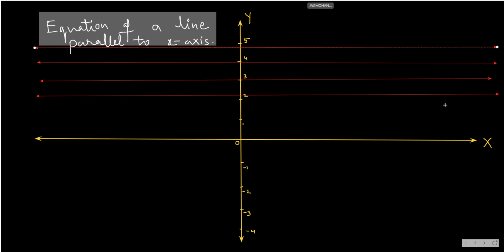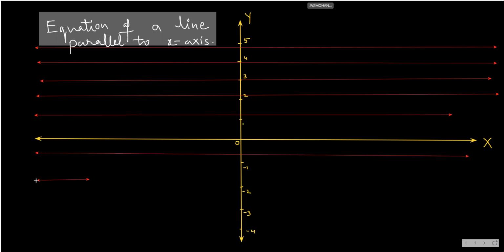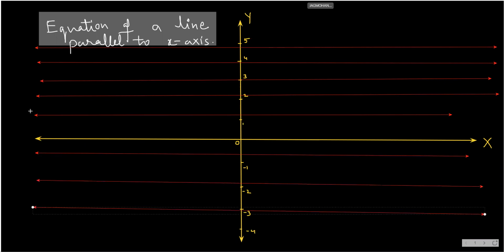See, being parallel is one characteristic of a line. When I say a line is parallel to x-axis, then you know how the line is. But that does not give me the unique line because I do not know where the line is.